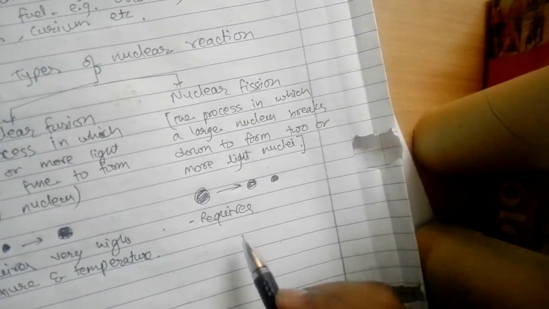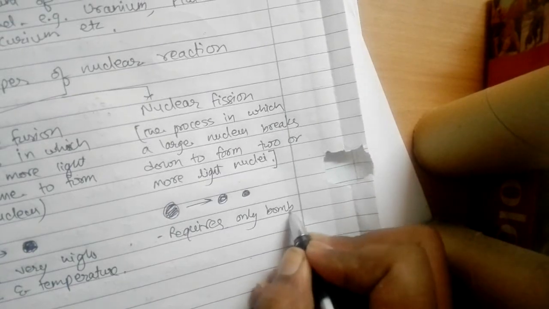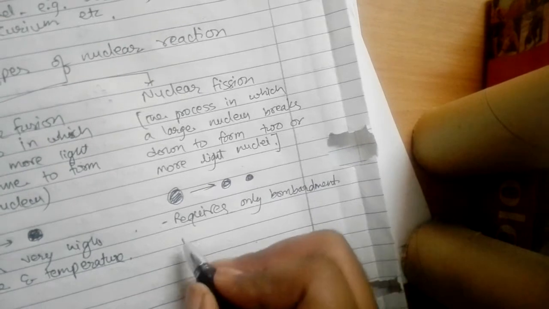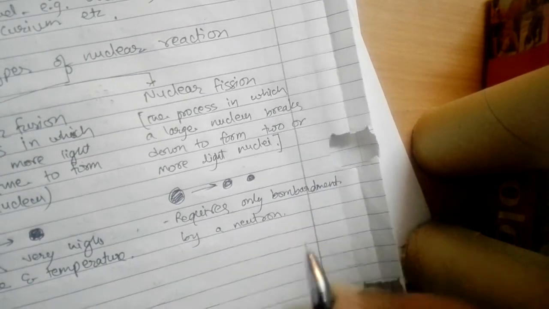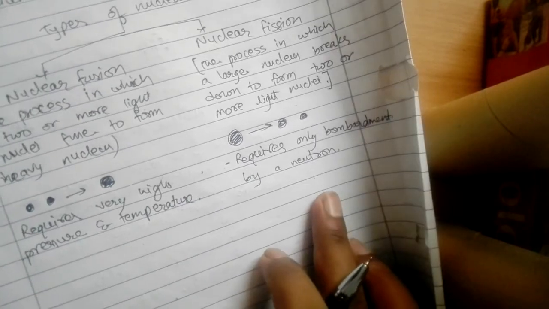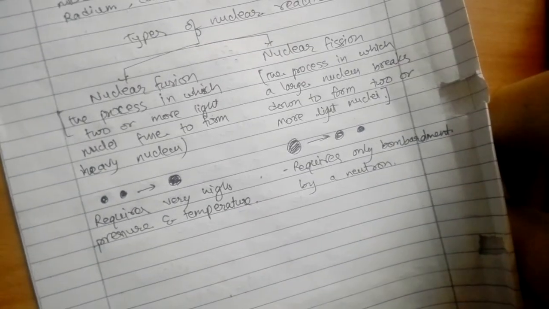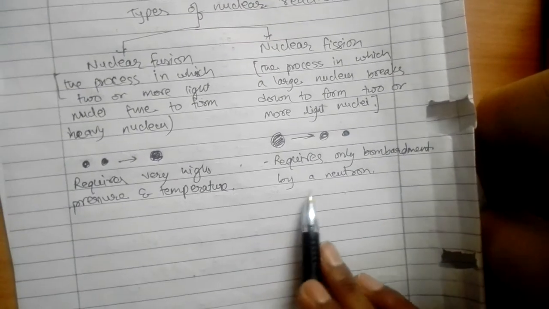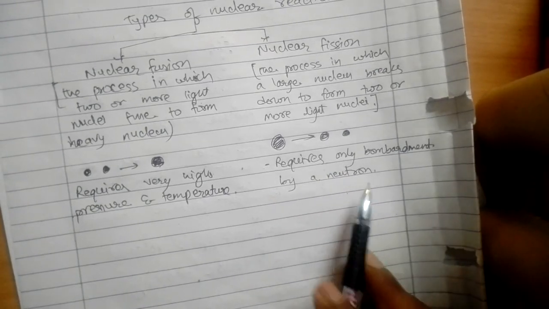Nuclear fission requires only bombardment, that means kinetic energy, simple physical bombardment by a neutron. See, the reaction conditions are different. In case of nuclear fusion reaction, you need to provide very high pressure and temperature, but in case of nuclear fission reaction, it requires only bombardment by a neutron.